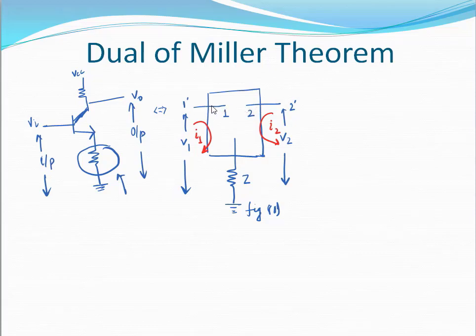Terminal 1 is the input terminal and terminal 2 is the output terminal, and here in the dual of Miller theorem we have the feedback element in the grounded terminal, that means terminal 3. This is terminal 3, and this element we have to break into the input part and output part. So we will analyze it here. The equivalent picture we will draw like this.